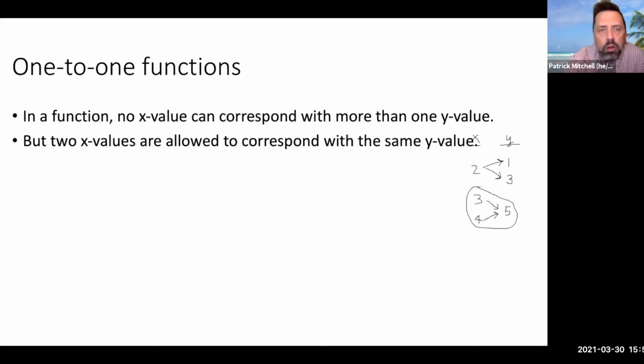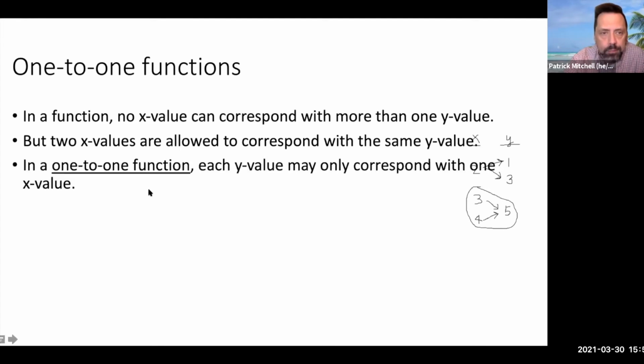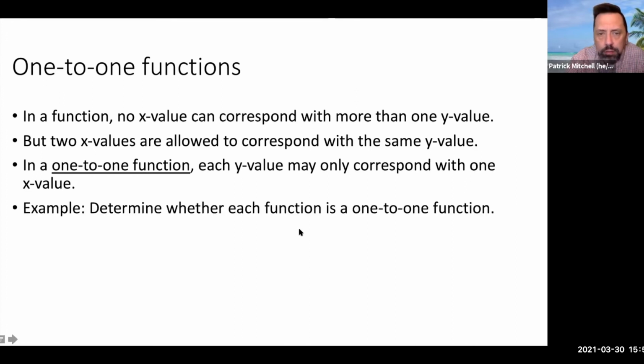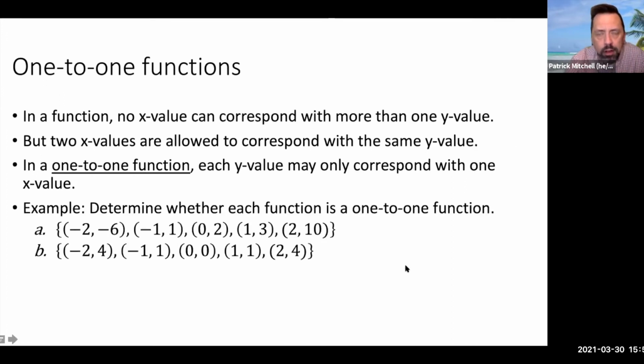All right, so in order for a function to be one-to-one, we don't allow that. In a one-to-one function, each y value may only correspond with one x value. So for example, here are a couple of functions written in ordered pair notation, and we want to determine whether each of these is one-to-one.